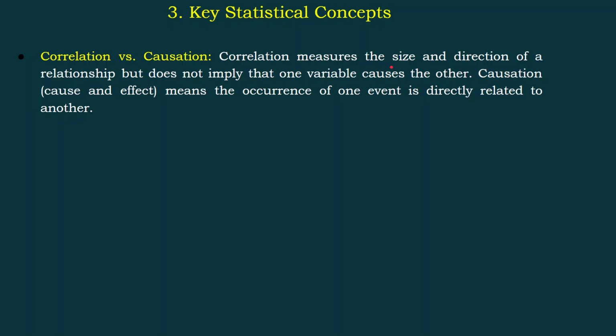So this correlation measures the size and the direction of the relationship, but it does not imply that one variable causes the other. It assumes that every variable is independent, nothing is dependent on another. So for each individual variable, what is the performance? That is the correlation concept. Whereas causation means the occurrence of one event is directly related to the other event. So we talk about cause and effect.